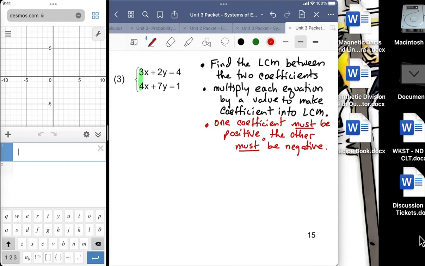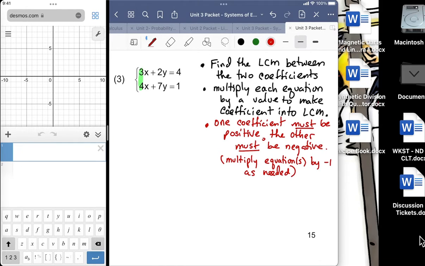And the way that you would handle that is by multiplying an equation by a negative. But it depends on which equation you want to make negative. So I would say multiply equations by -1 as needed.